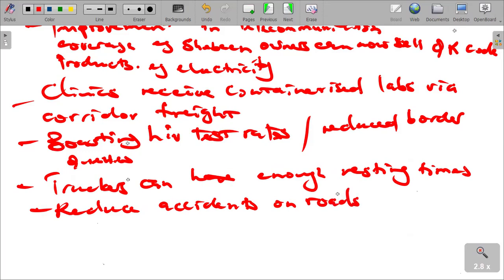It can reduce accidents on roads, and ultimately we can talk about the connectedness of cash flowing communities.